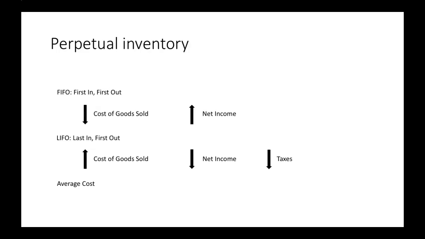Now, one other piece to remember here is that these assumptions that we just made, right, that your net income's higher under FIFO and your net income's lower under LIFO, that is only true if prices are increasing, right? Now, typically, prices of goods increase over time, right?